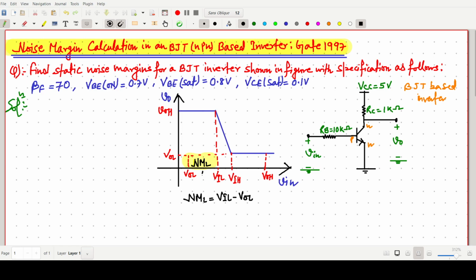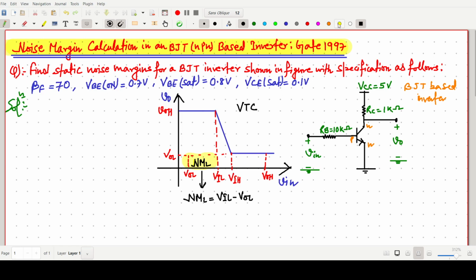No need to remember the formula. You can draw the VTC curve of an inverter, then mark VOH, VOL, and this point. VIL is the maximum input signal given to the inverter for a high value of output, and VIH is the minimum value of the input that will give the lower output value.